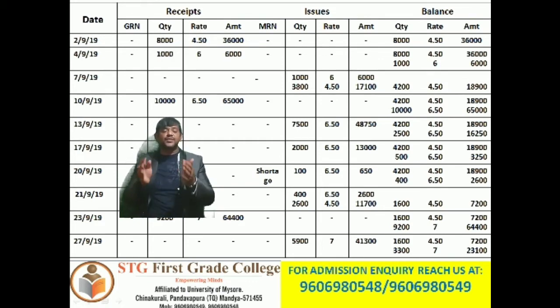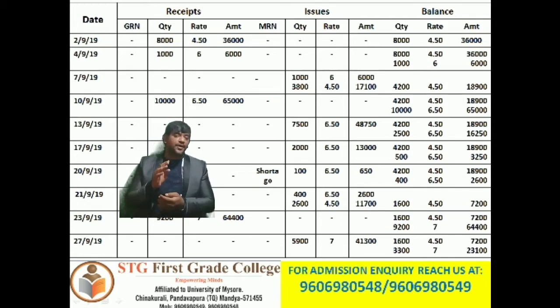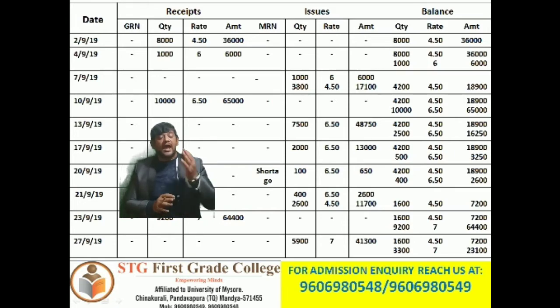How many units have we purchased? 8,000. What is the rate per unit? 4.50 per unit. So 8,000 into 4.50, amount comes to 36,000. Issues: MRN dash, quantity dash, rate dash, amount also dash.